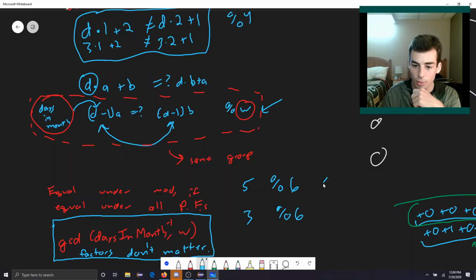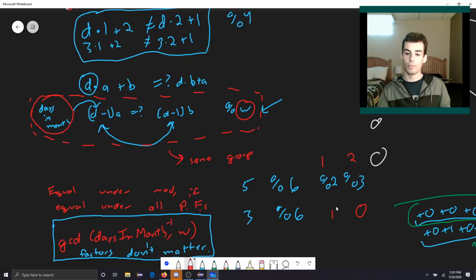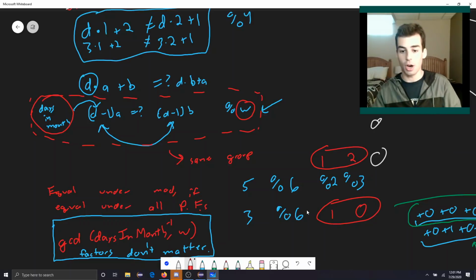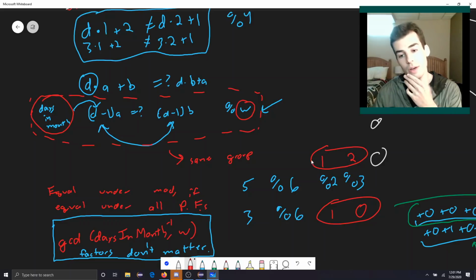We care about these numbers modulo 2 and modulo 3. So 5 mod 2 will be 1, and 5 mod 3 will be 2. 3 mod 2 is 1, but 3 mod 3 is 0. So since these aren't the same, that means that under the big mod we're trying to find, they won't be the same either, because these are different.